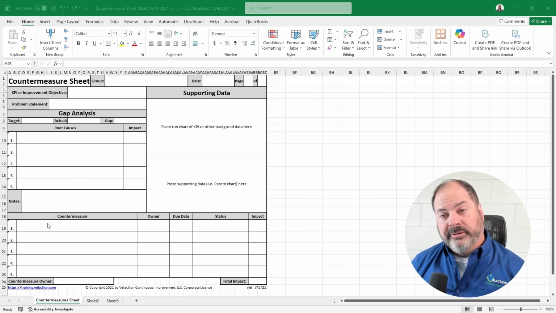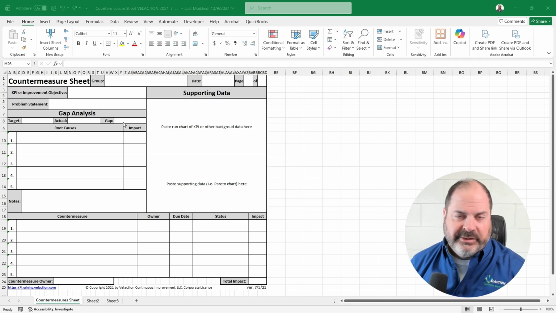But the real benefit of this is now you put in a countermeasure. So this shows that if your gap is 16 whatever units and you come up with 20 or 19 or 14 here, your target's not going to be 100%. So your impact could be bigger than the gap you're facing. If your target is 80 units and you're at 60, you can find out you're losing more, whatever.